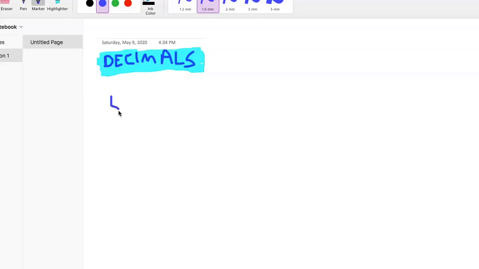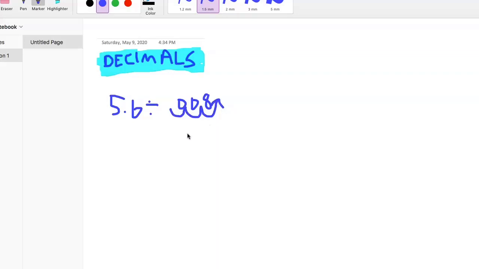Okay, so what about this one? We've got 5.6 divided by 0.008. On this one, we want to get rid of the decimal point in 0.008 first. So it's 1 spot, 2 spots, 3 spots.